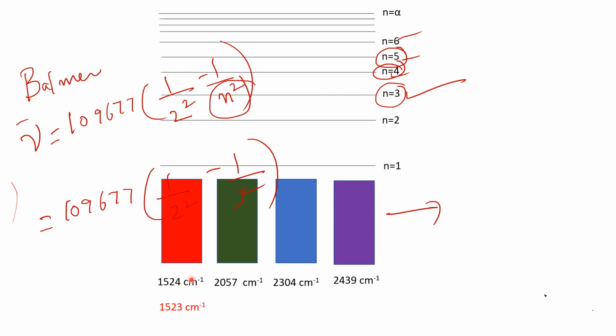In that case, the wave number he predicted was 1523, which was close to the wave number of red light observed in the line spectrum of hydrogen.